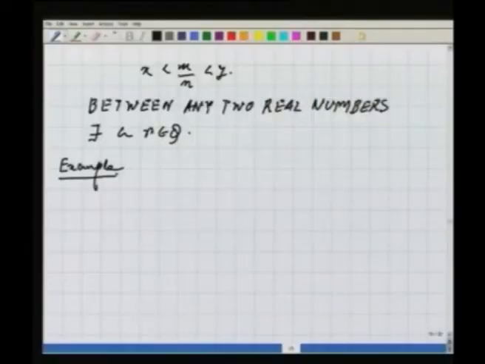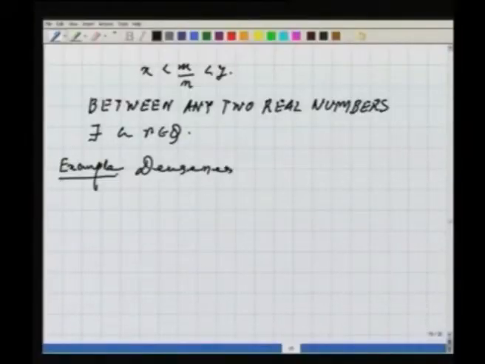Now I show another application of the Archimedean property. This is the third example. I want to prove denseness of irrational numbers. Now you people know already what this means.